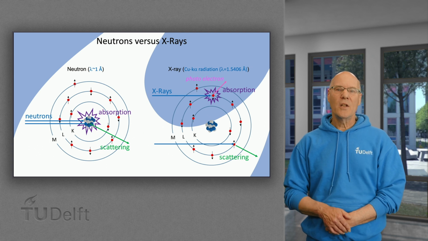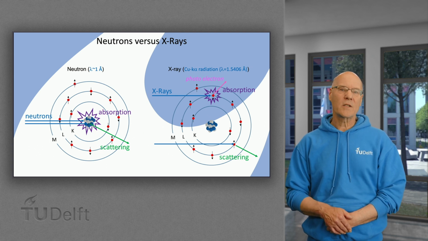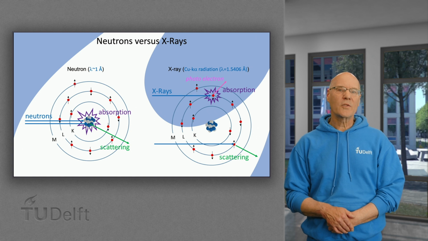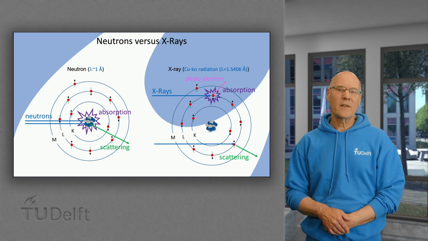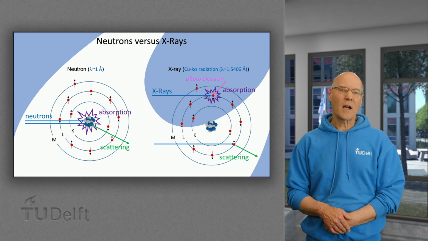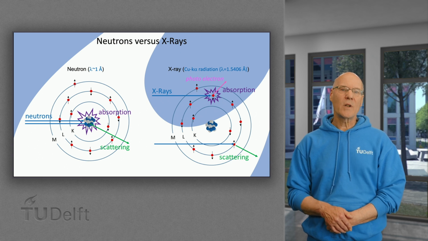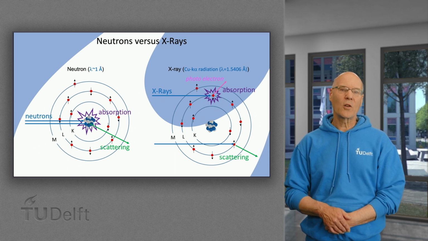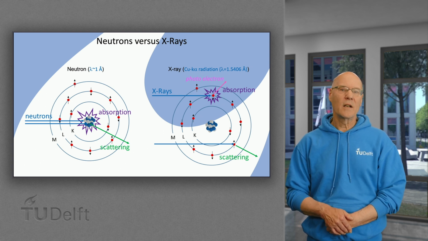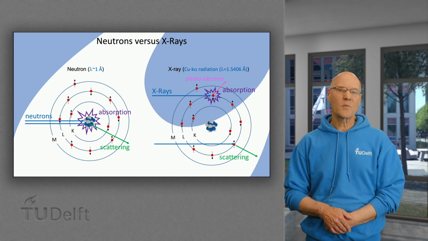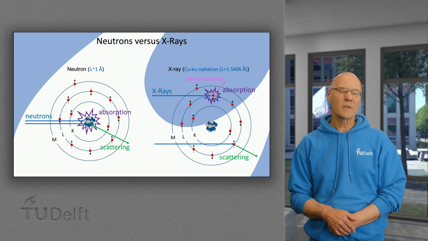On the other hand, neutrons interact with the nucleus of an atom, and so the contribution to the diffracted intensity depends on each isotope. Light elements are good to see with neutrons in contrast to X-rays, and so lithium and hydrogen can be nicely analyzed in specific matter with neutrons.